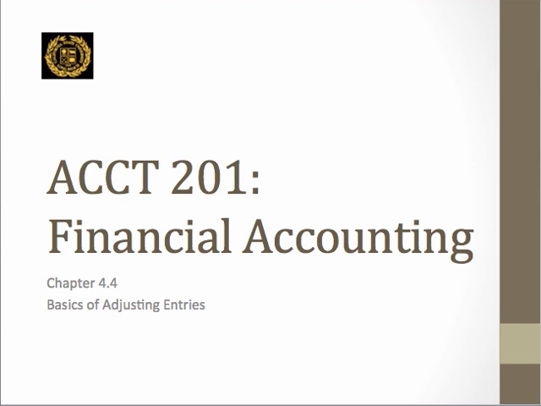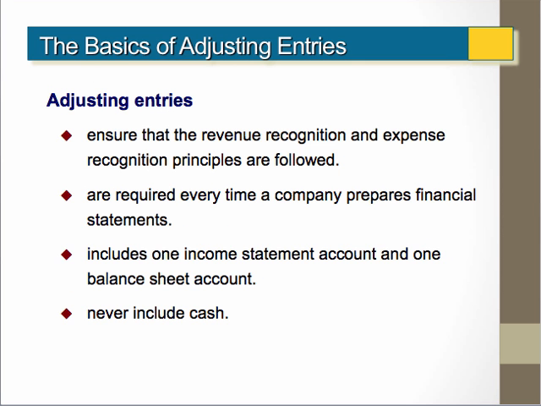In this class, we've been talking about how important it is to recognize revenues and expenses in the correct accounting period. Because of this emphasis on the correct recording of transactions, we need to be able to adjust accounts that are in our ledger to reflect the actual activities that are being performed during an accounting period.